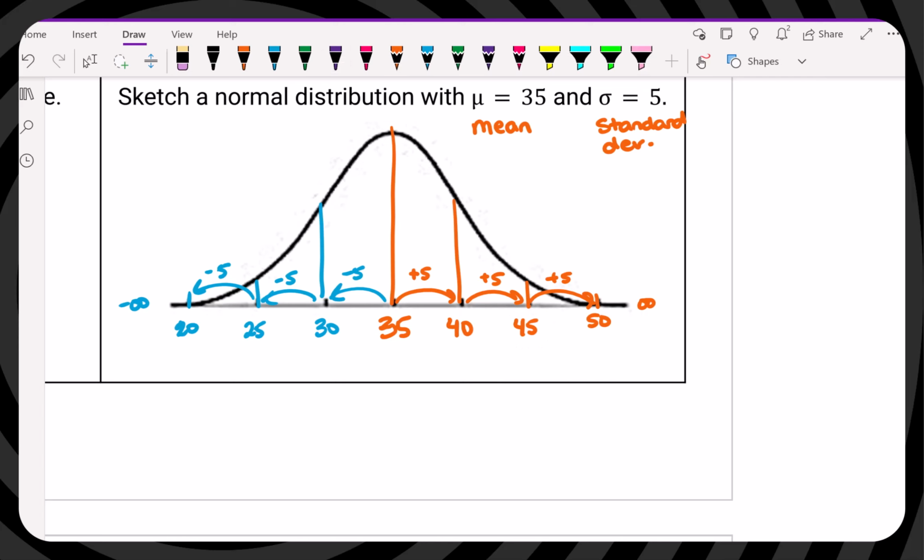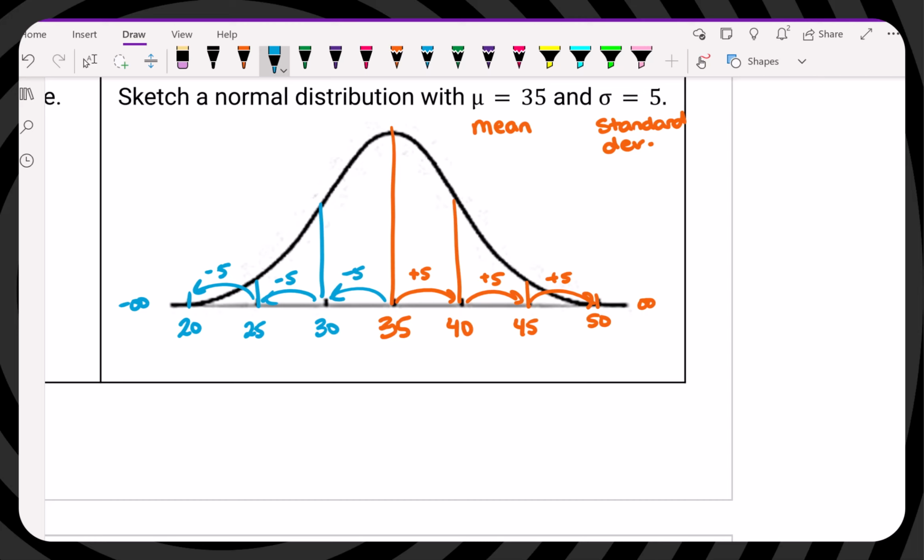Okay, next question. What is 3 standard deviations below the mean? 3 standard deviations below the mean would be 20. So this would be 1 below, 2 below, and then 3 below. All right, last question, and then we're going to get back into the empirical rule.